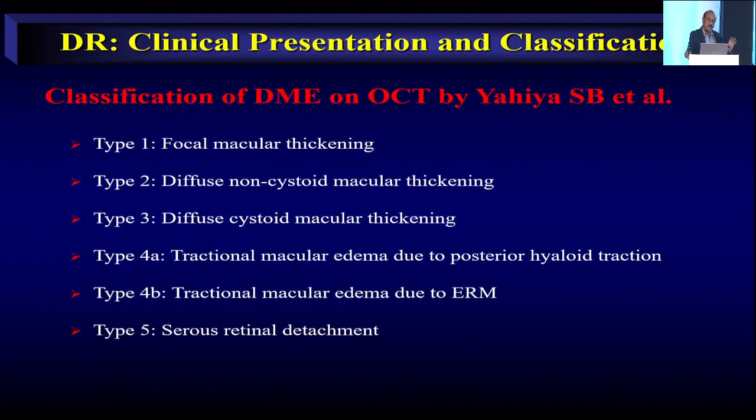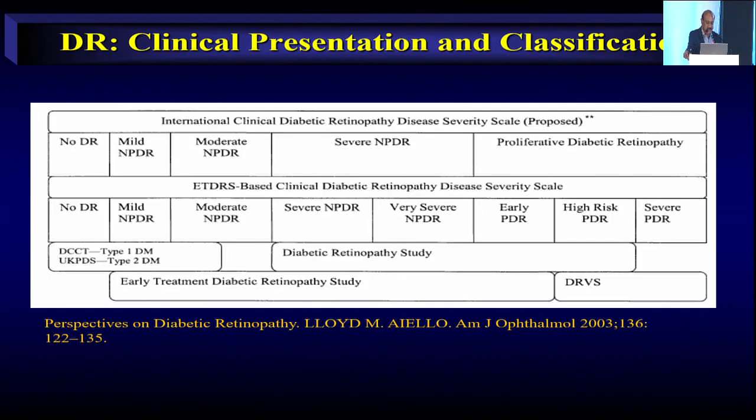Diabetic macular edema should also be seen in different stages on OCT, and this is probably a more useful classification in typifying the diabetic macular edema on OCT: either focal thickening, diffuse non-cystoid or spongy macular thickening, diffuse cystoid thickening, traction, either point traction or diffuse traction, and serous retinal detachment on OCT.